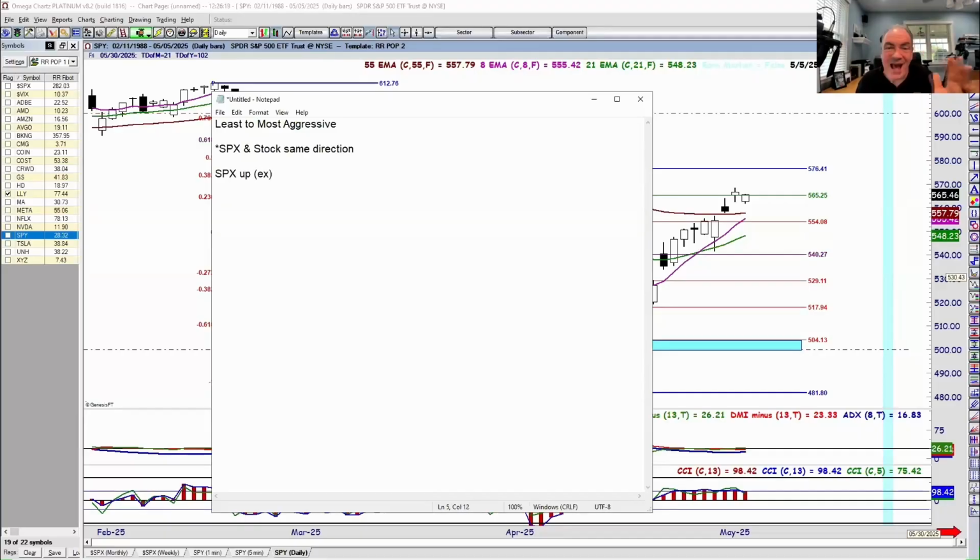Just as an example, it could be down. It doesn't matter. I'm just going to use this as up. Stock down, this is more aggressive. Actually, no, let me do it this way. Not APX, SPX.